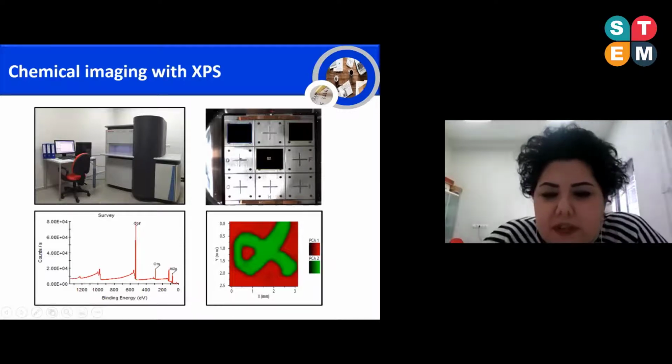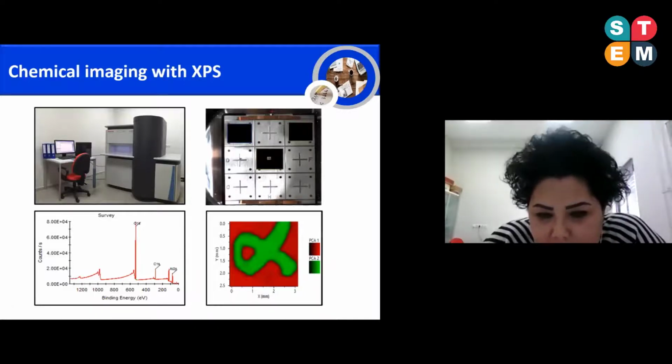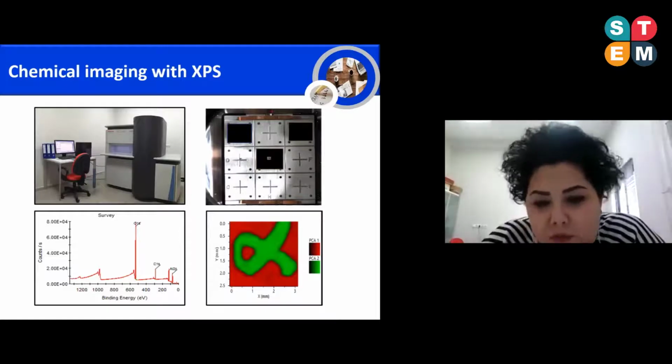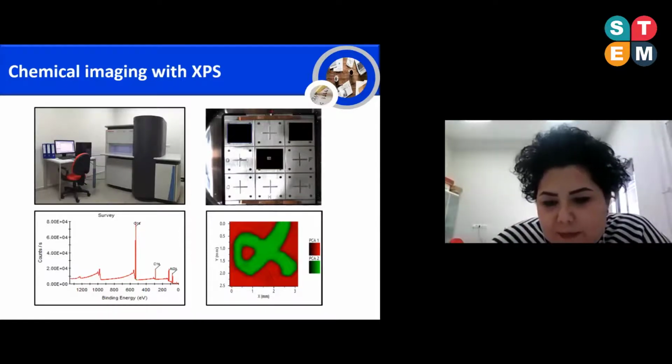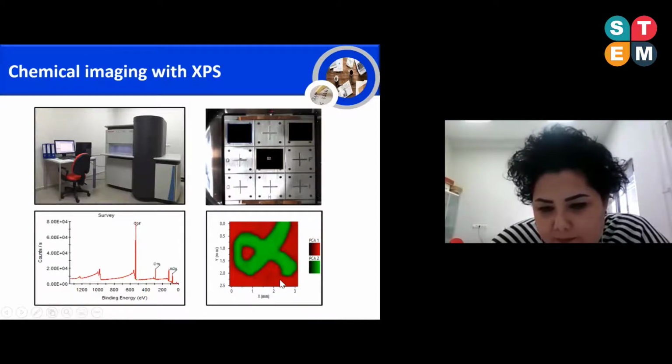For example, we have put an alpha with a pen on the aluminum foil, and we have just applied principal component analysis. The first principal component says that the red one is aluminum foil, and the green part is the ink on the aluminum foil.